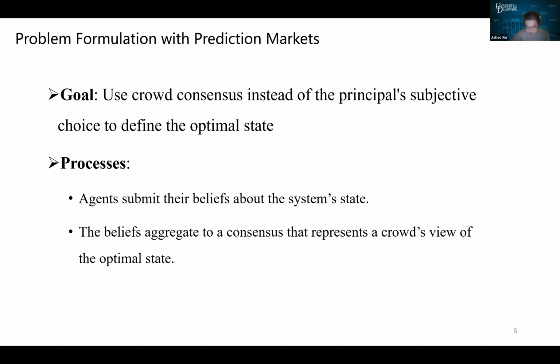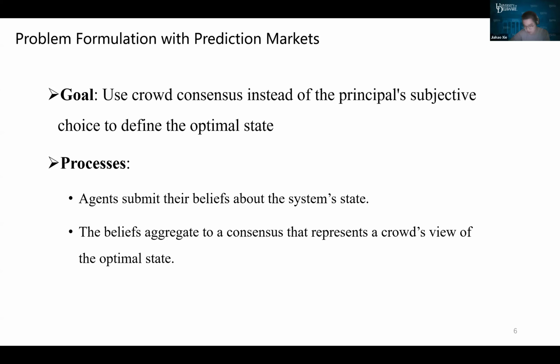First, we allow agents who are participating in a prediction market to submit their own beliefs about the state of the system. Each agent essentially gives us their own version of what the system's parameters or states should be. Then we aggregate these beliefs to reach a consensus that represents the crowd's collective view of the optimal state.